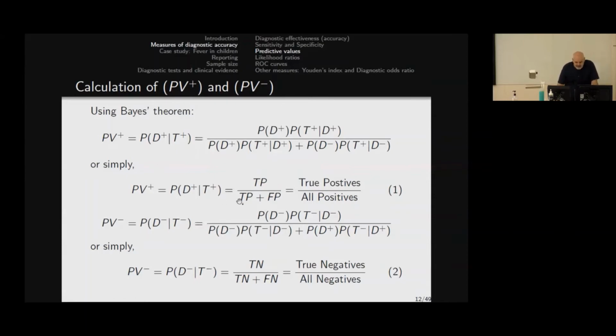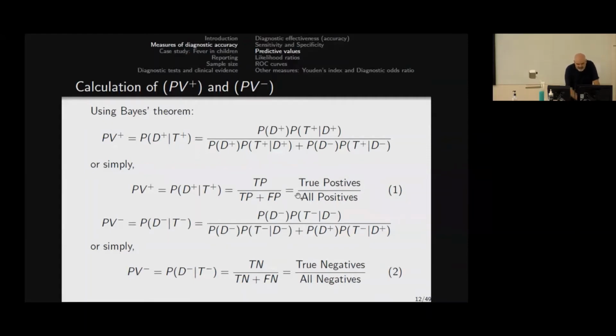Okay, now let's talk about the very simple way of calculating them. Now, just again, note that these two things have been transposed. So the probability of having the disease given you've tested positive. So of those that tested positive, how many had the disease, okay? How do we calculate that? We calculate the true positives over everyone who got the positives.